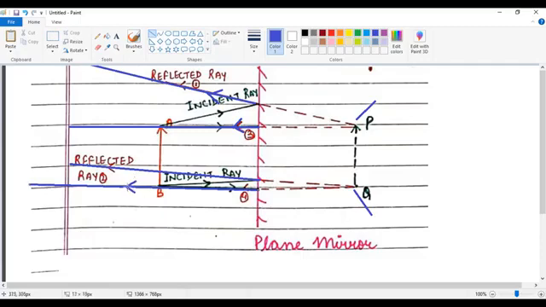It means that these two diverging rays will never meet in front of plane mirror. But if they are produced behind or produced backward, there must be a point where they will intersect. So students, that point is the point where we form a virtual image.